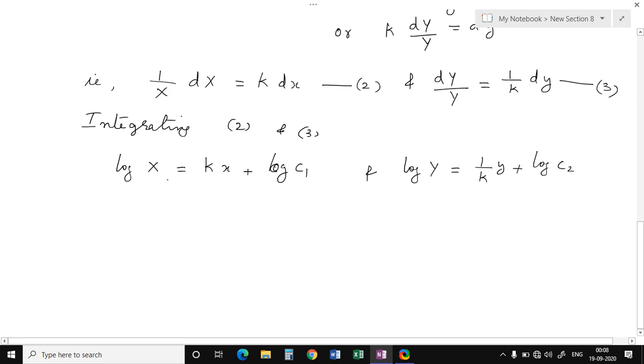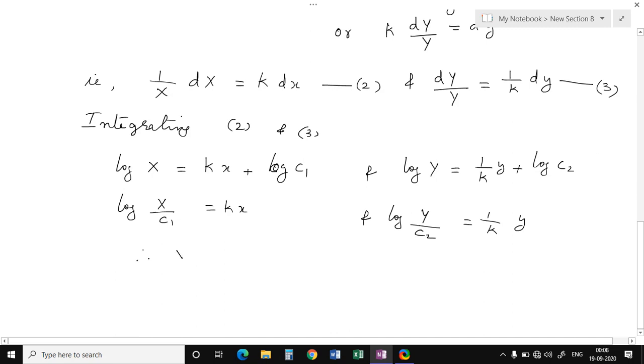Now from here we can find the value for X, and from here the value for Y. So I can write this as log X by c1 is equal to kx, and log Y by c2 equal to 1 by k y.